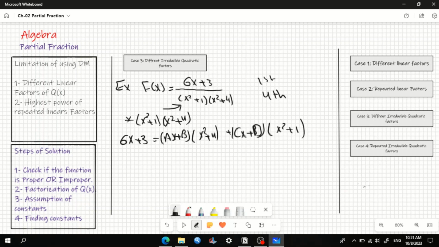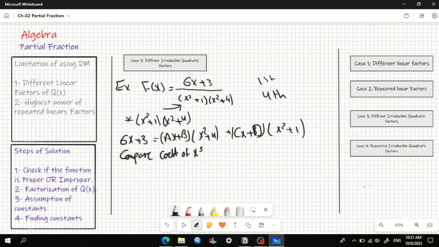Just compare, starting from the highest power. Here we have power of 3, so compare the coefficient of cubic x in both sides.